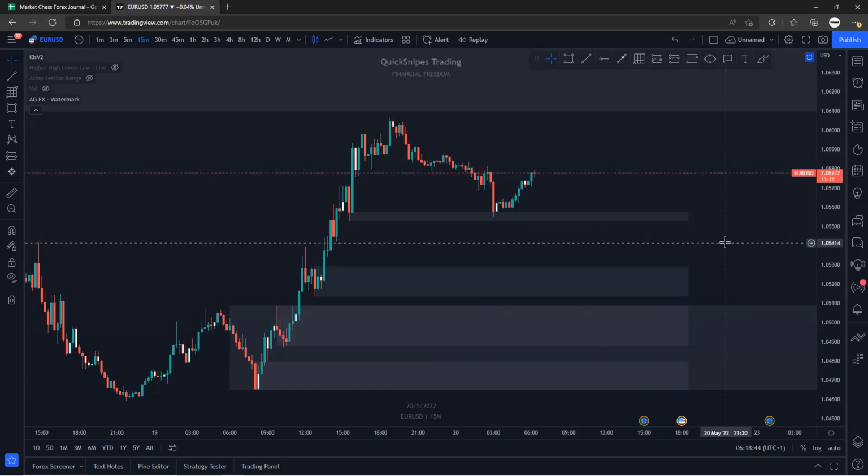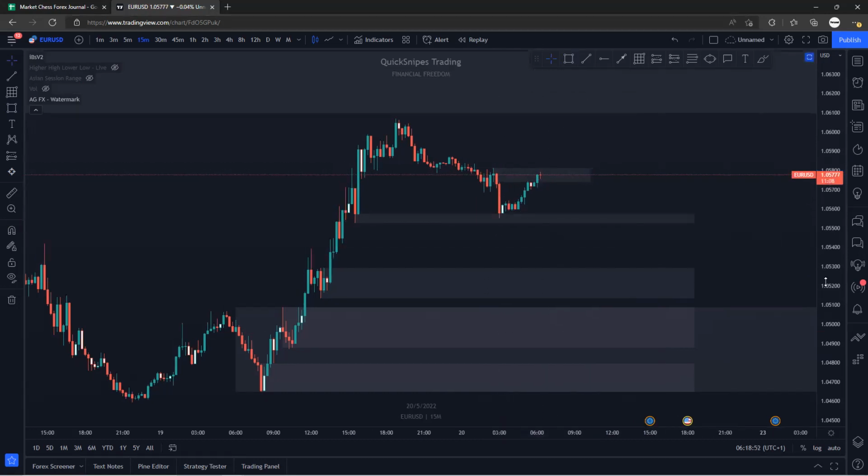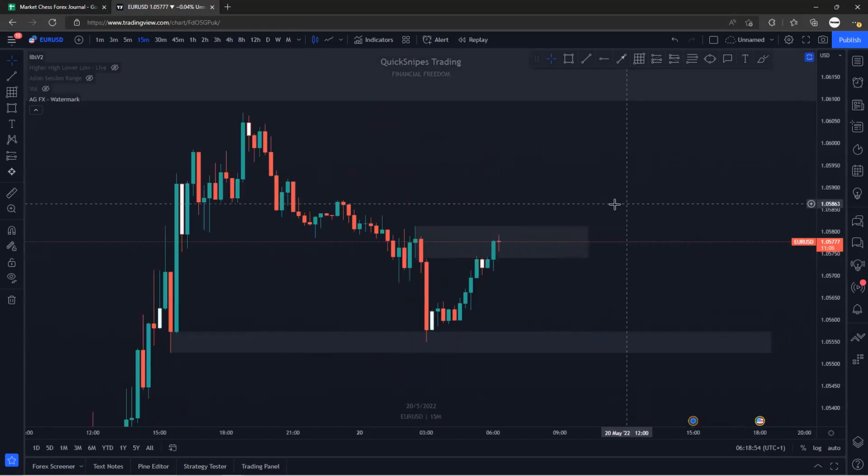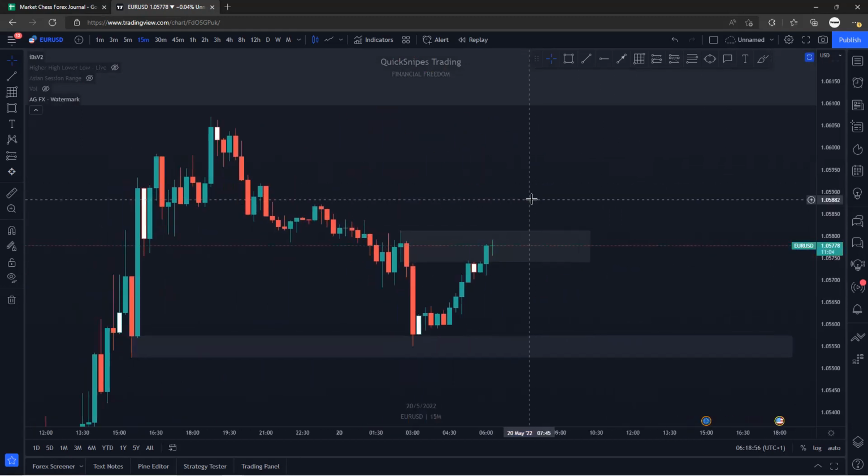So what am I looking for? I personally would think I'd want to see this supply fail right now, like within the next half an hour maximum. I want to see this supply fail.